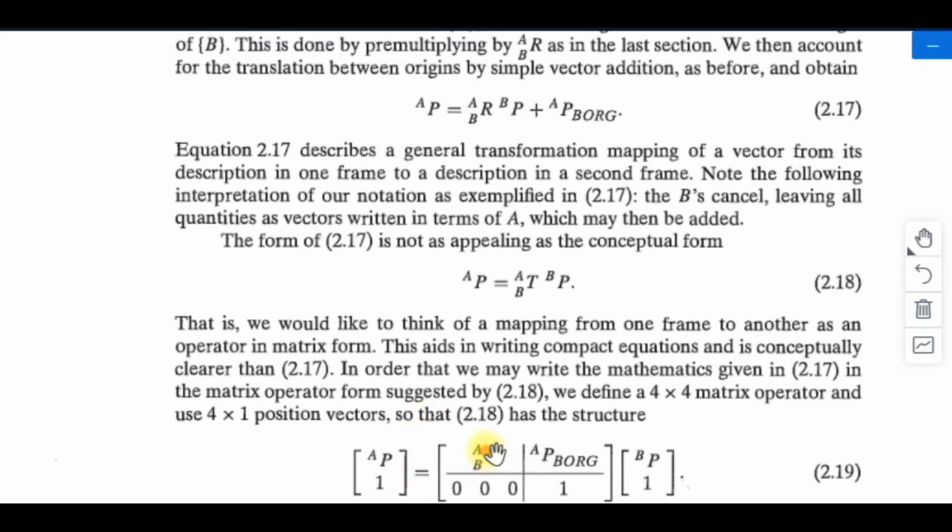So the number of rows is 3, the columns are 3, and this column is 1. So 3 plus 1. Now the other row is 1, so 3 plus 1 becomes 4. So it is a 4 cross 4 matrix.